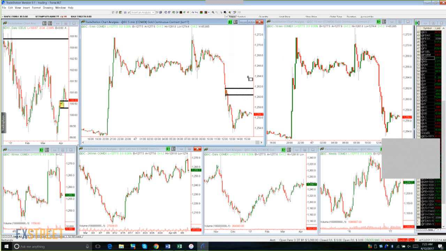Okay, there's that. So there's a little supply zone above.